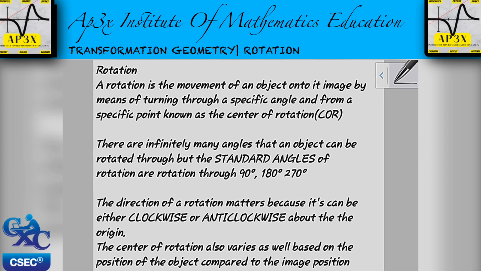And of course, here's where the tricky bit comes in. You must be aware of the direction that you're rotating the angle through.